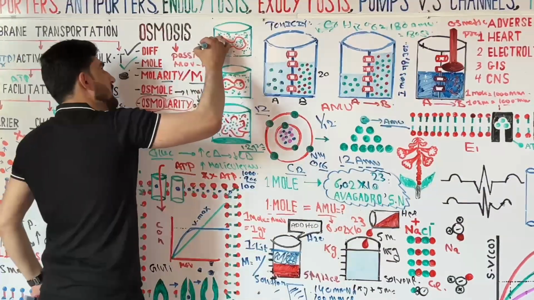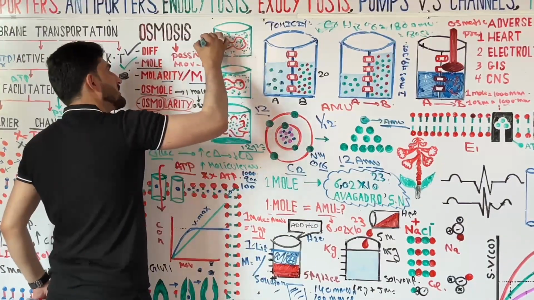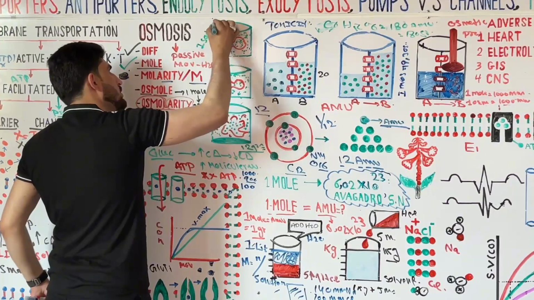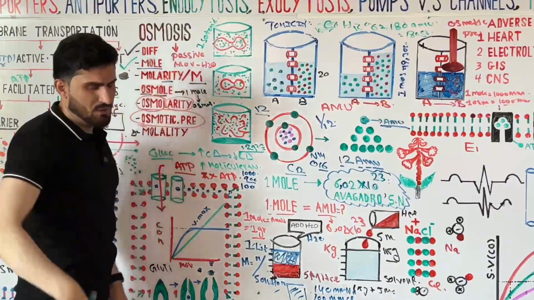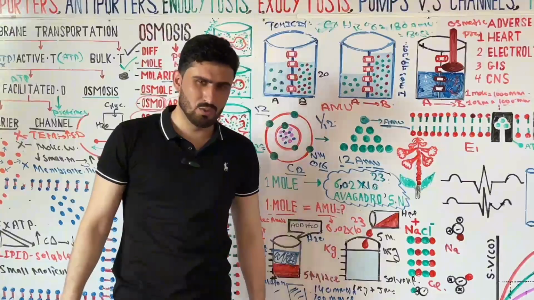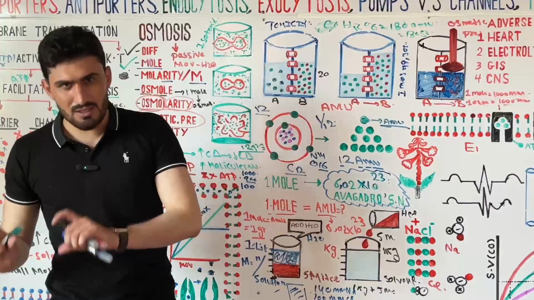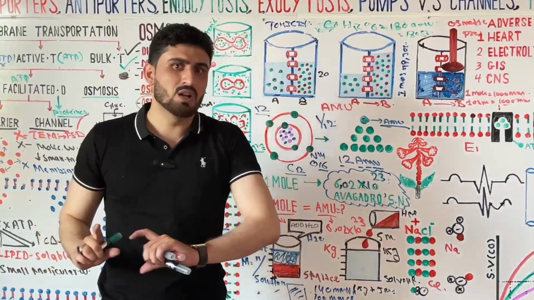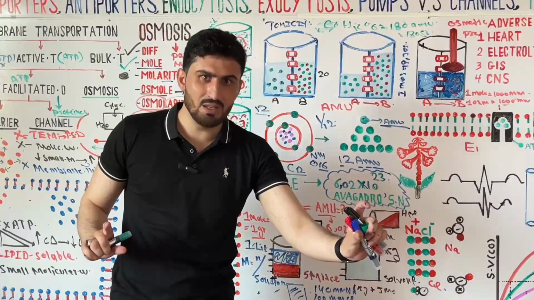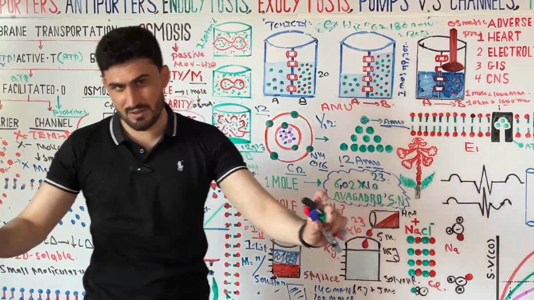So this type of solution is called an isotonic solution. If you give someone an isotonic solution, it will not move to the inside of the cell or from the inside to the outside of the cell.